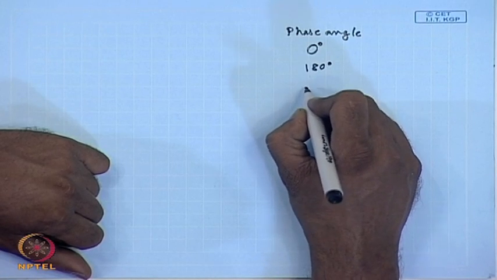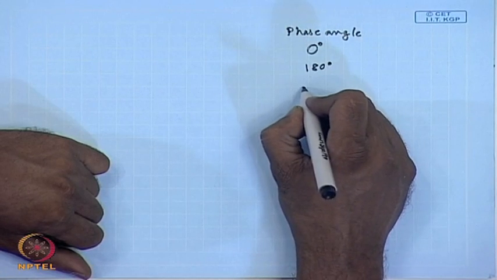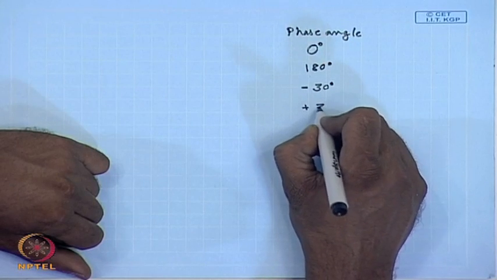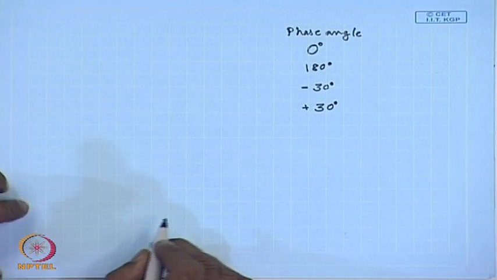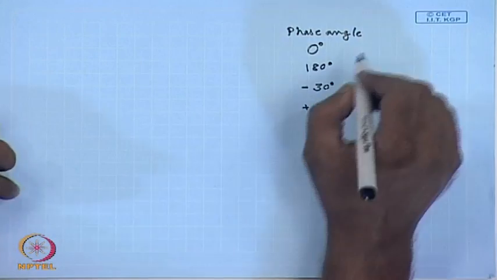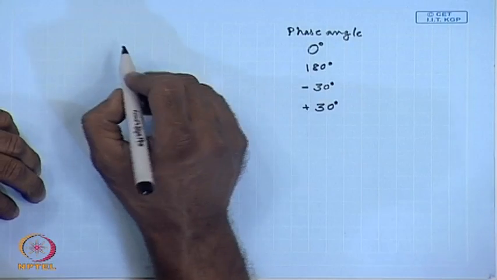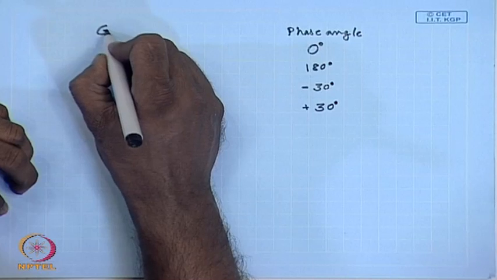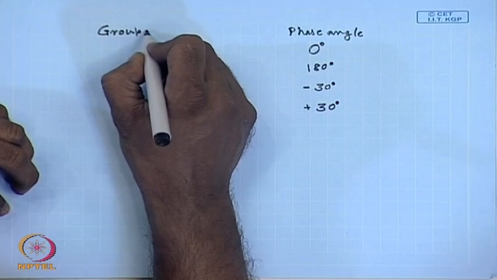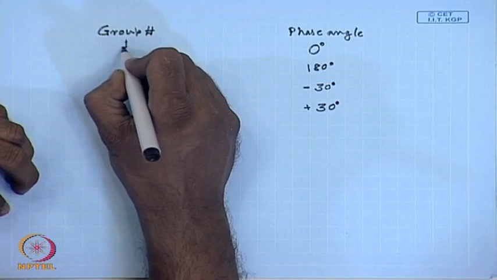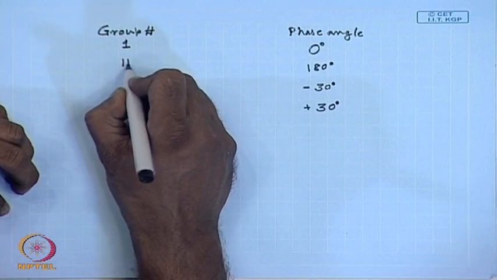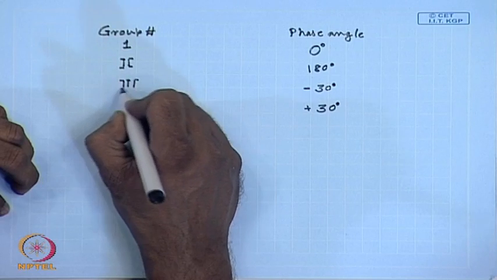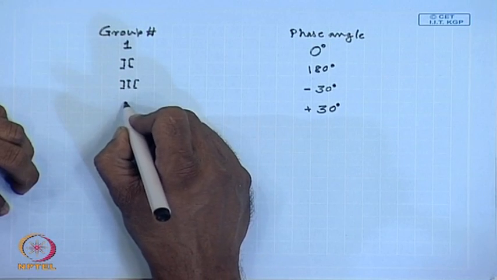The low voltage winding voltage phasor may lag the high voltage winding by 30 degree, or it may lead by 30 degree. So, correspondingly there are four groups. This is called group number 1, this is group number 2, this is group number 3, this is group number 4.